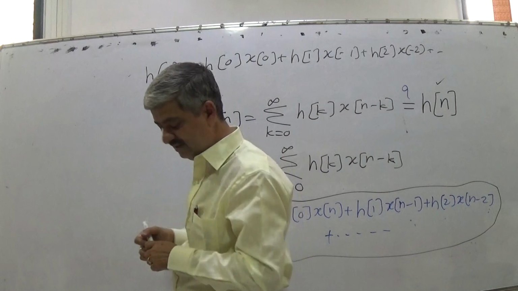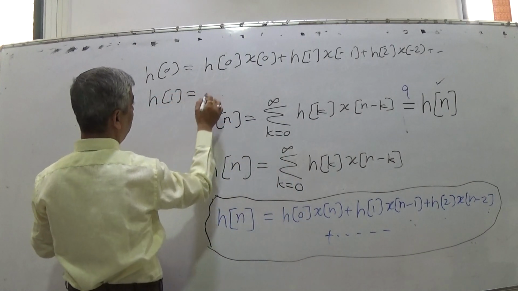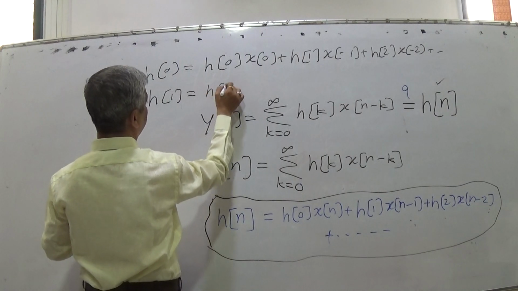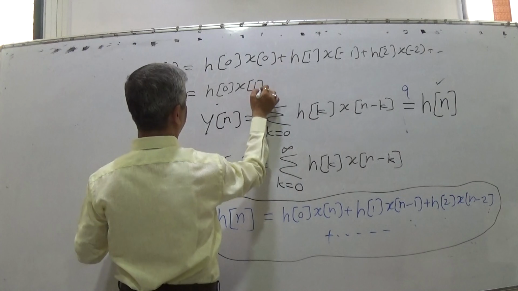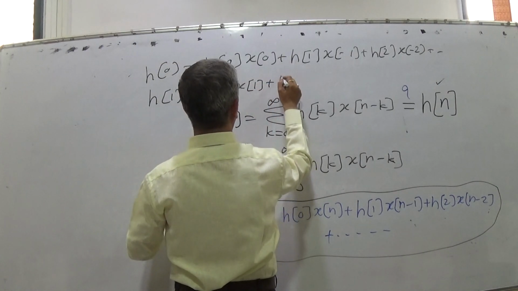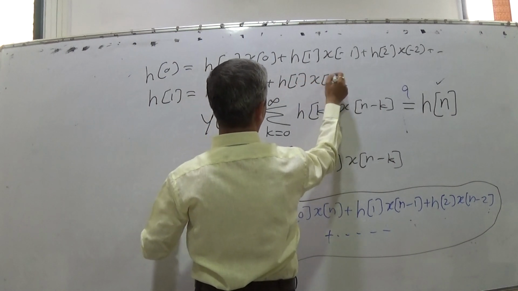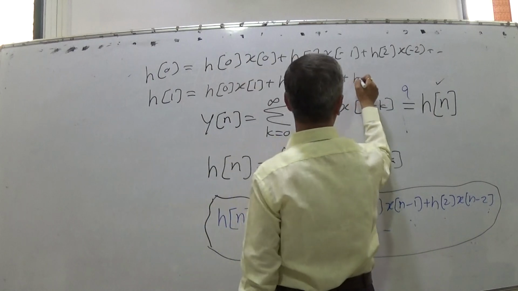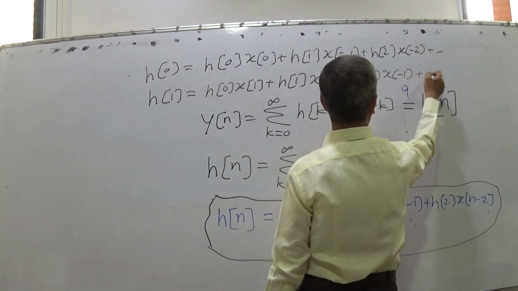If I put n as 1, then h1 should be h0 x1 plus h1 x0 plus h2 x(-1) and so on.